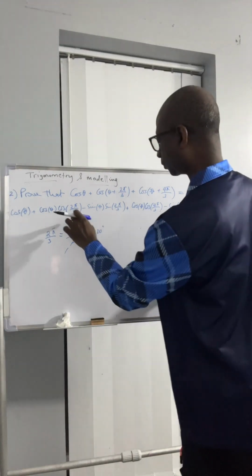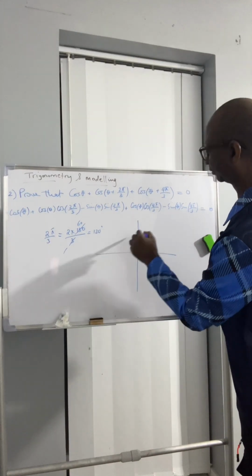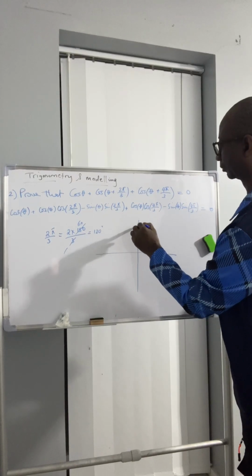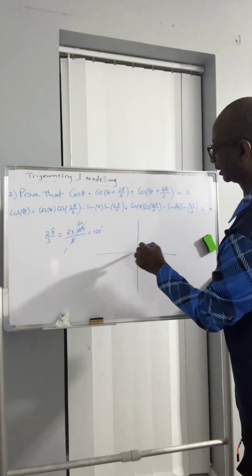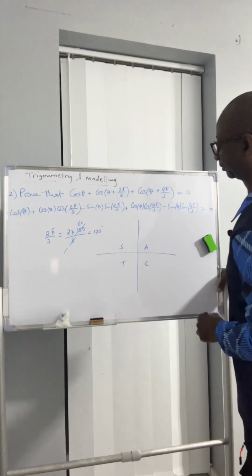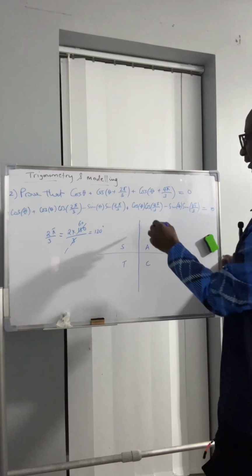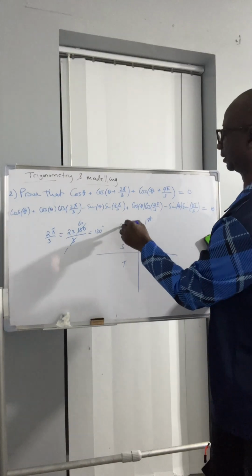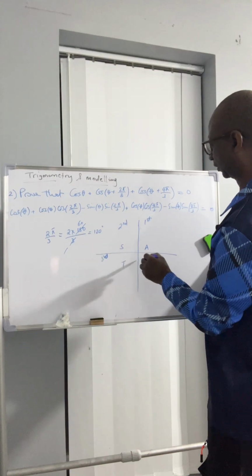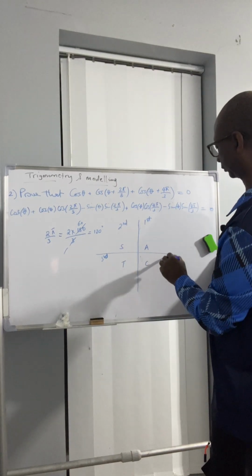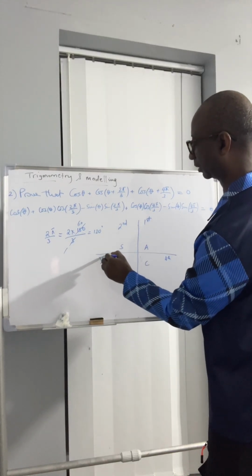And we're looking for the cosine. So if you now come to your quadrants, this is your C, I, C, A, S, T. This is your first quadrant, this is your third quadrant, and this is your fourth quadrant.